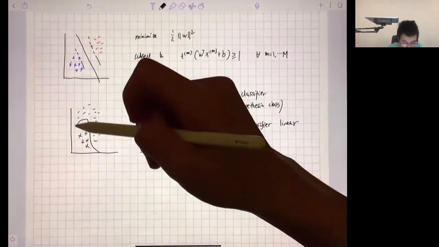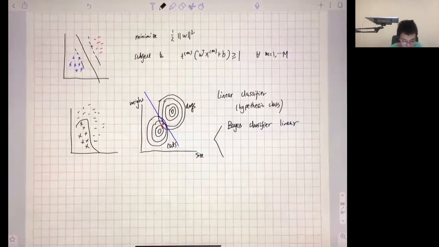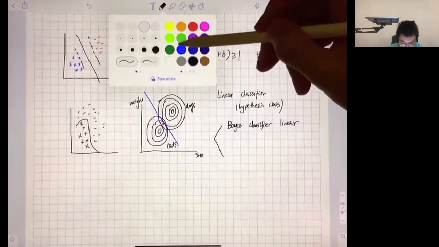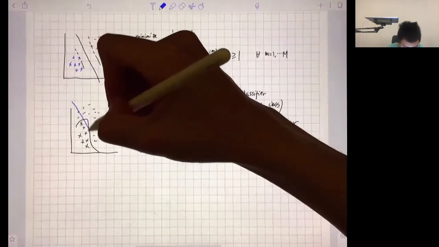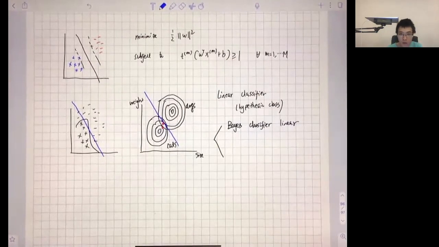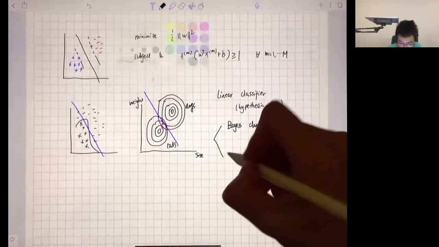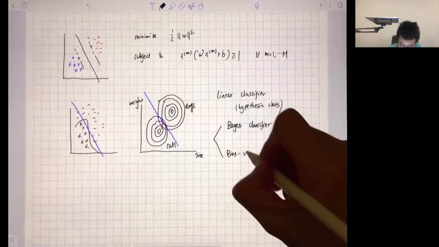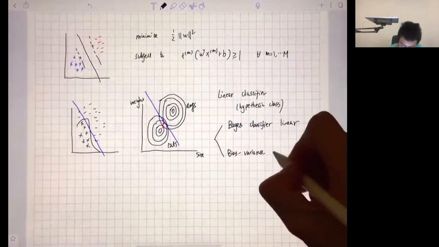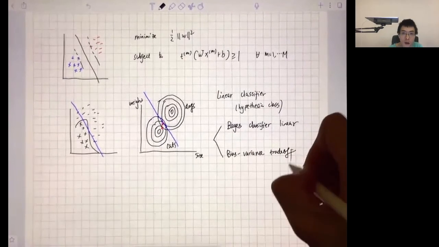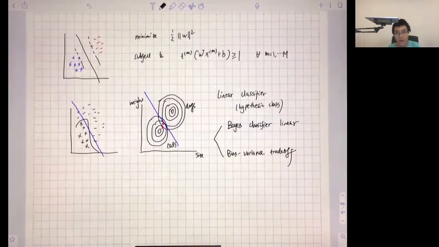Or even if the Bayes classifier is not linear, sometimes you still want to use the linear classifier as the hypothesis class to achieve the bias-variance trade-off. If your model is too powerful, then it's less generalizable. Sometimes you want to sacrifice some of the training performance, but your model will become more generalizable.